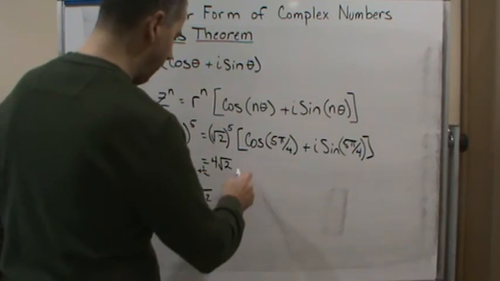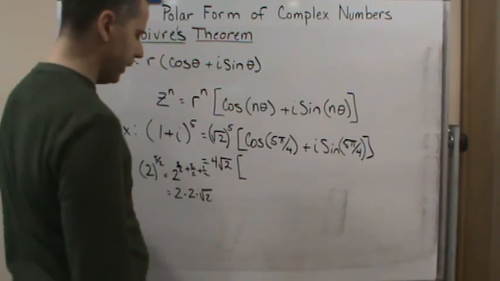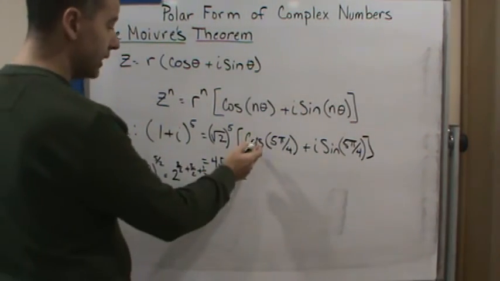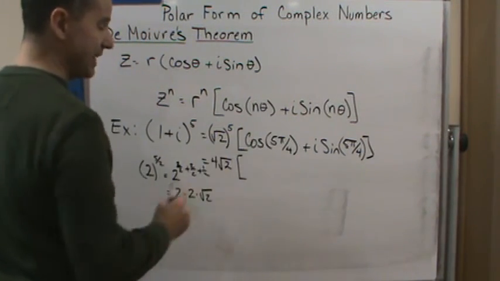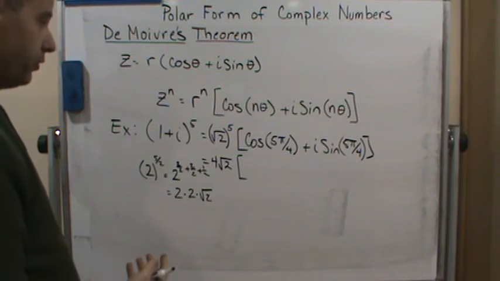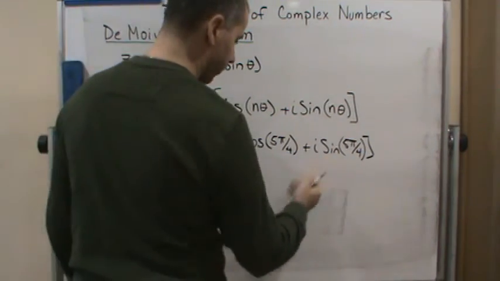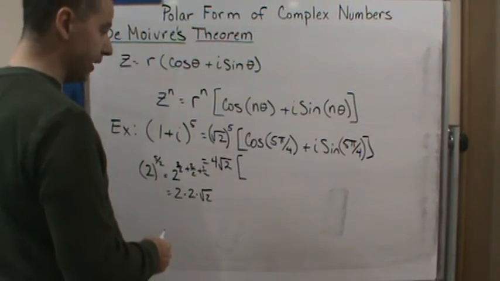Now, what do I end up with inside? Well, these are again 45-degree angles in the third quadrant. Cosine is negative in the third quadrant, and so is sine. Remember, sine and cosine are both negative.